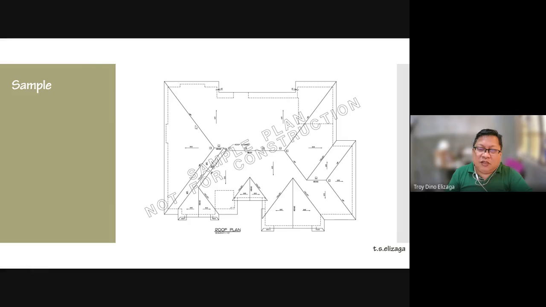Here you see a dashed line somewhere inside the edges of the roof. This represents the edge of your walls. This is the outline of the wall.